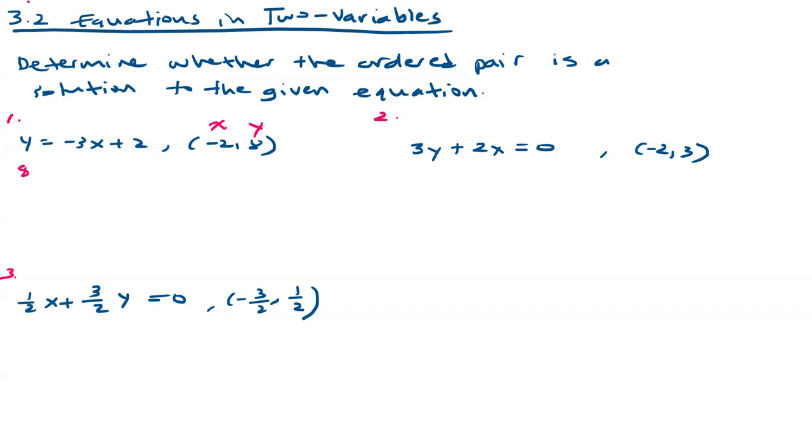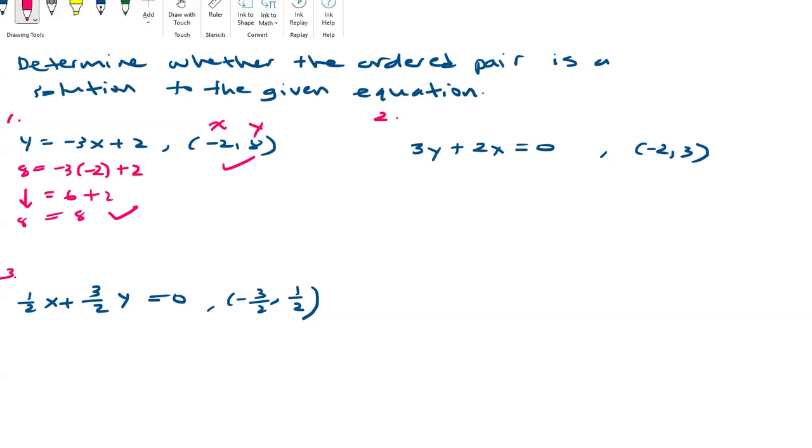So we get 8 is equal to negative 3 times negative 2 plus 2. Well, negative 3 times negative 2 is going to give me a positive 6, plus 2 will give me an 8. And then I bring that down. So they're both the same. So that means this pair here is a solution to the given equation.